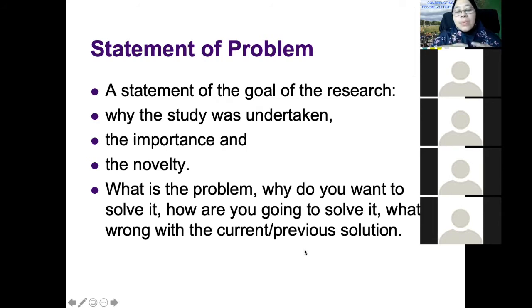So when we are writing a problem statement, these are the points that we should have in the written form or in the presentation form. The problem itself, of course, why do you think that it is worth solving, and what is your solution? And what's wrong with the current or previous solution?